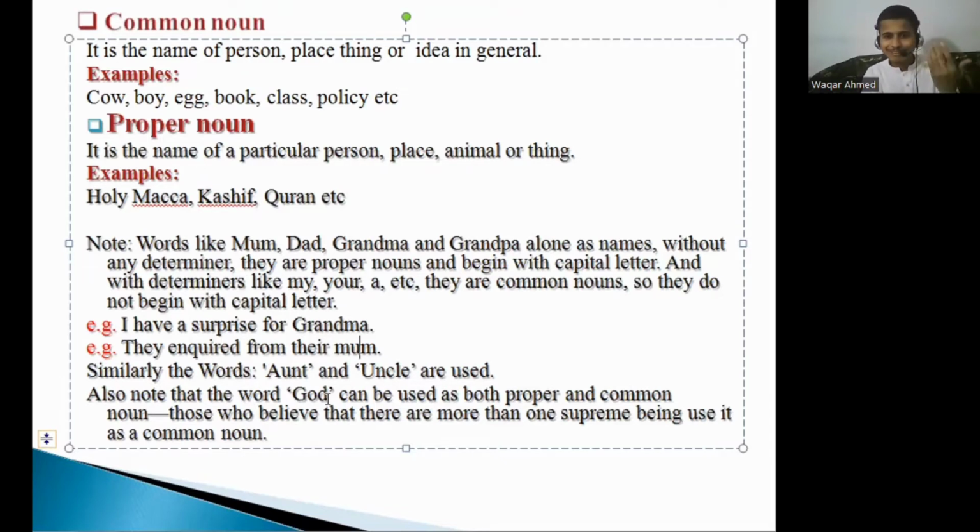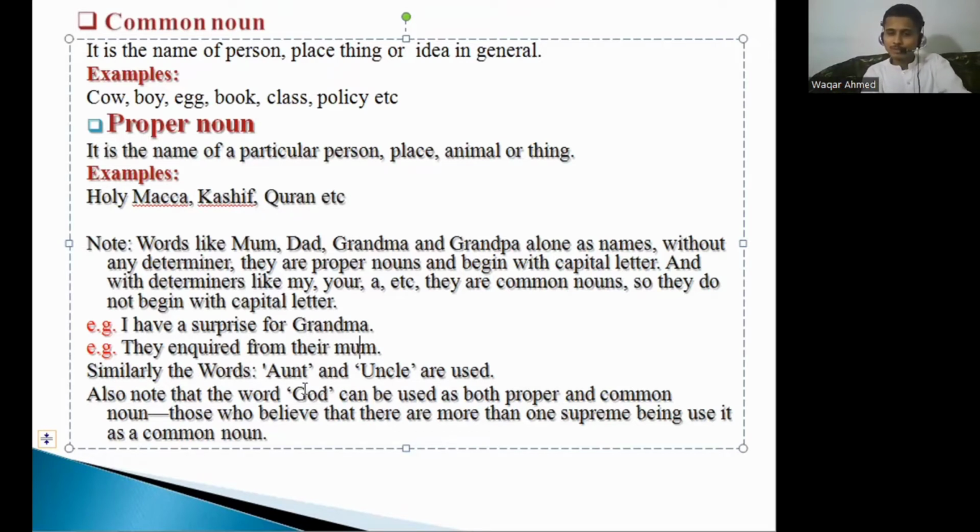I think I am speaking faster than I should, so now I should control my speed. So Muslims, like Alhamdulillah, we believe in only the oneness or singleness of Allah subhanahu wa ta'ala. There is only one God for Muslims and for everybody, for all human beings, but this is the belief of Muslims as well.